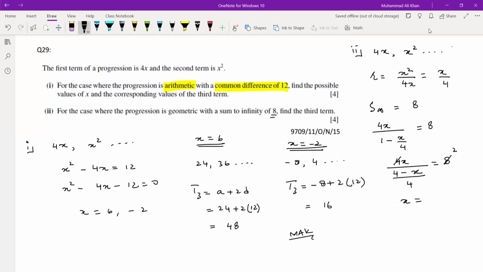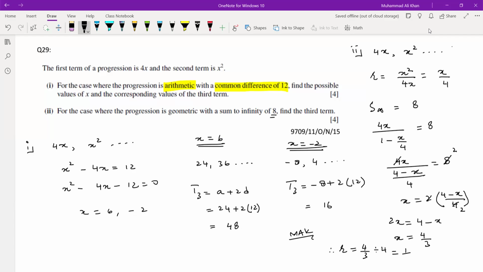x equals 2 से multiply होगा (4 minus x) over 4. Here it is 2 2s are 4. Cross multiply: 2x equals 4 minus x, and the value of x is 4 upon 3. If the value of x is 4 upon 3, then the common ratio will be x upon 4, 4 upon 3 divided by 4.